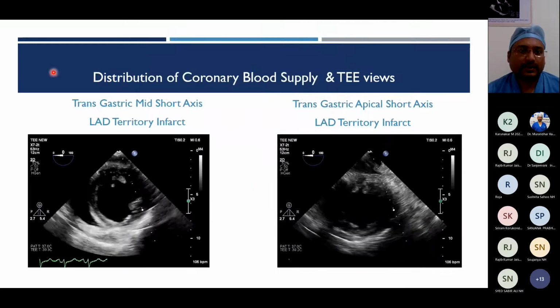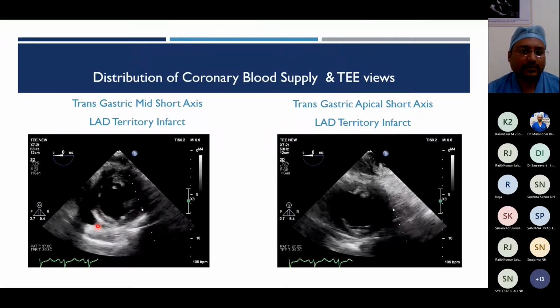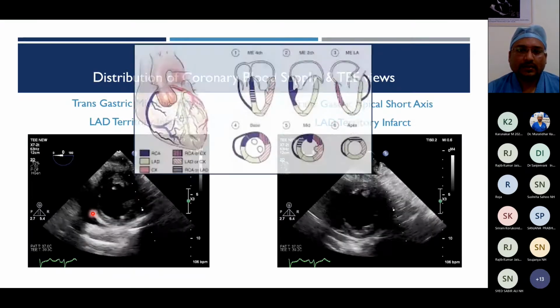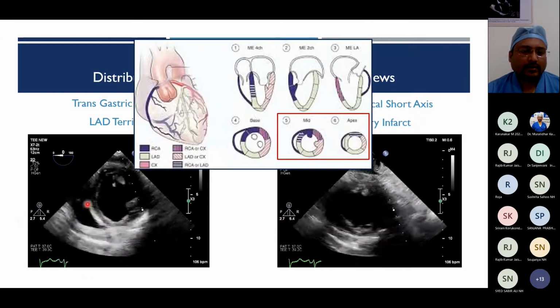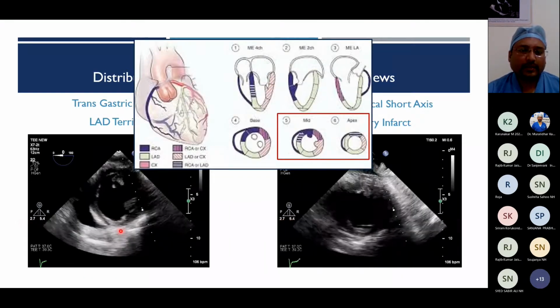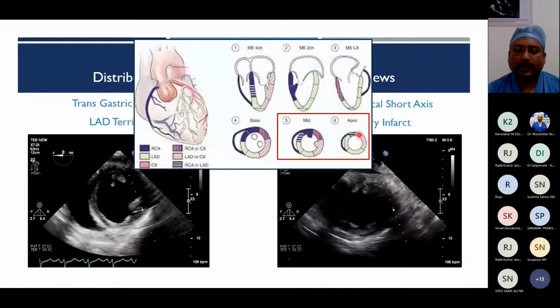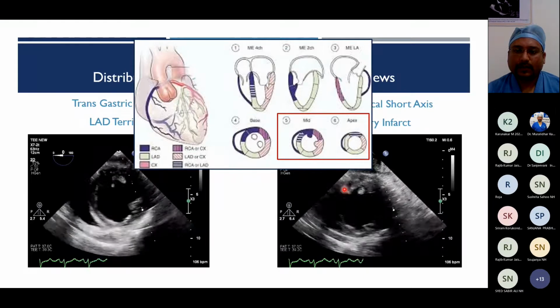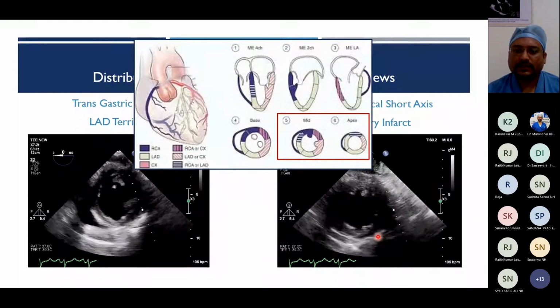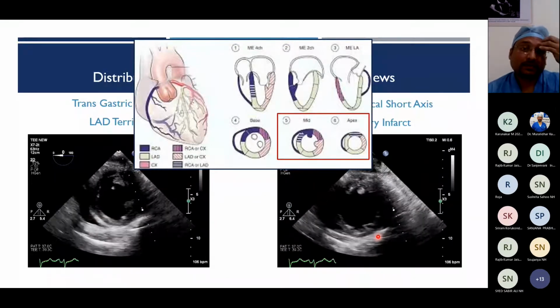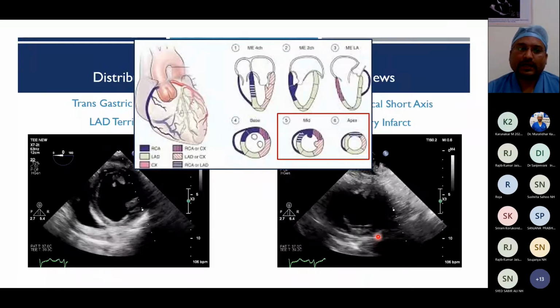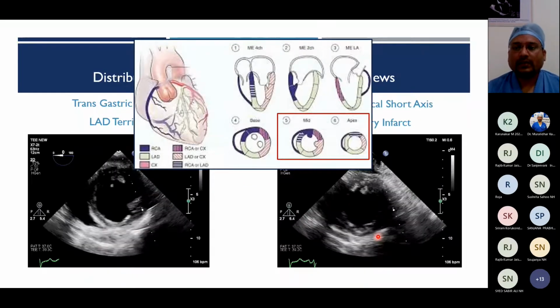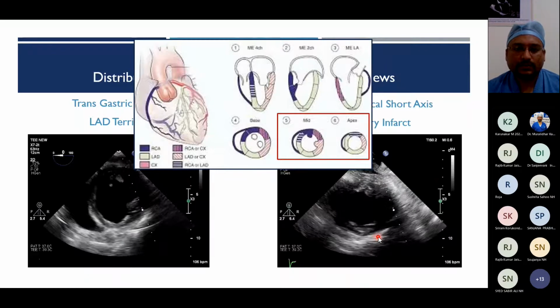The transgastric mid short axis view shows the mid anteroseptal and mid anterior segments, and the apical view shows the apico-septal and apico-anterior segments having akinesia. So this is a patient with a LAD territory infarct. Thus, we can localize the coronary artery responsible.